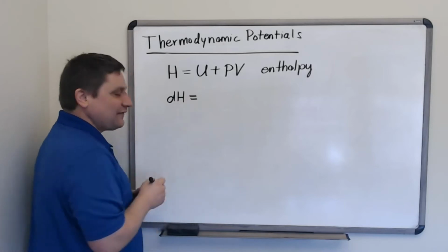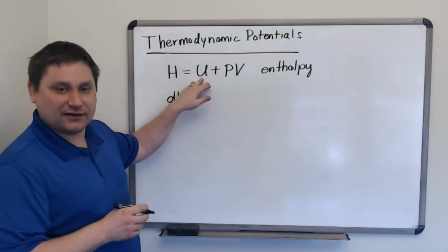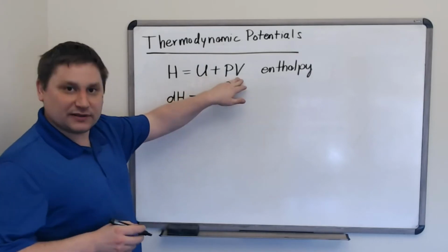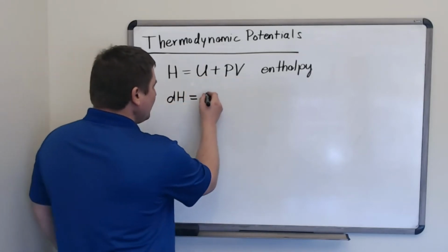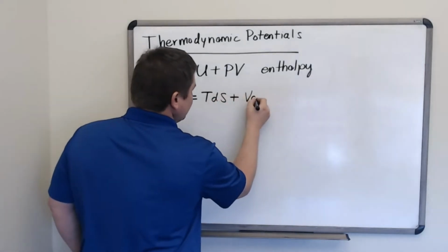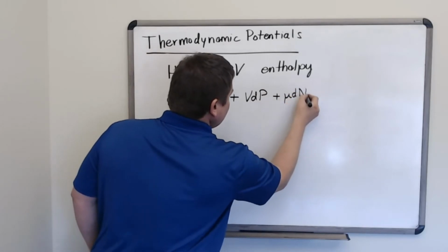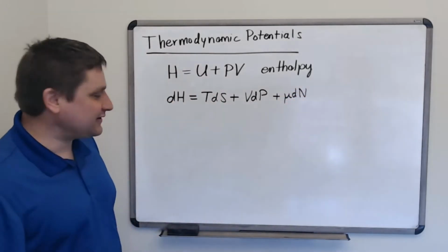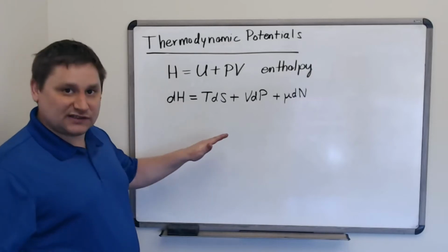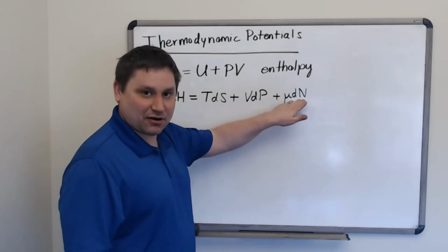When we worked out the differential of H, plugging in the fundamental thermodynamic identity and doing the product rule, we got TdS plus VdP plus mu dN. This immediately indicates to us that the enthalpy prefers to be expressed in terms of entropy, pressure, and particle number.